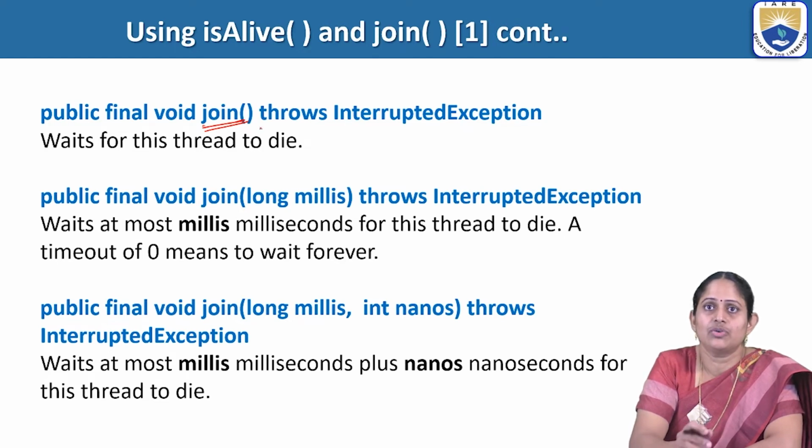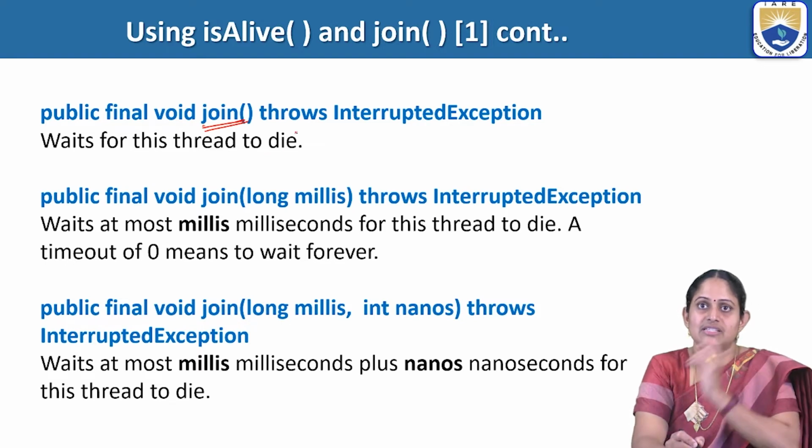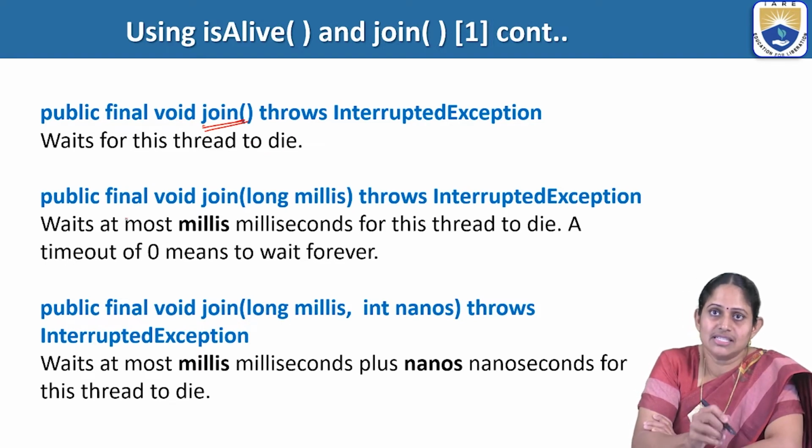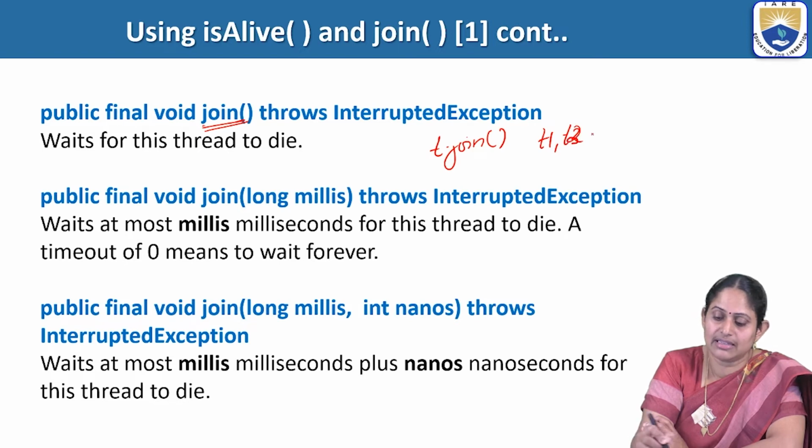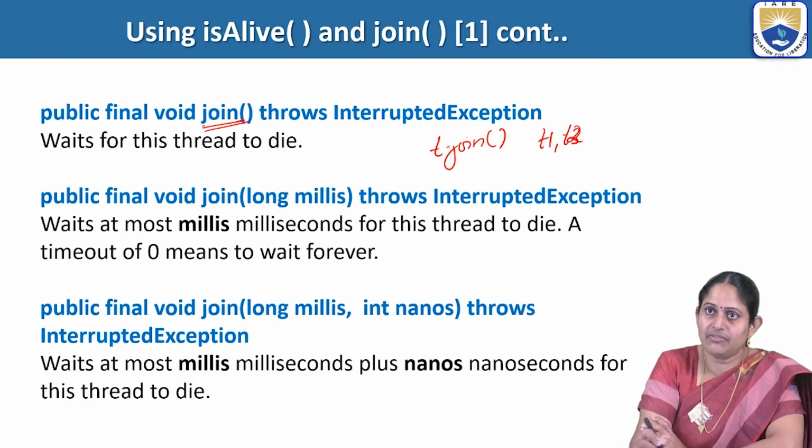For this join method, the other threads will wait for this thread to die. So if we call T.join, then the other threads other than T will wait until T dies.